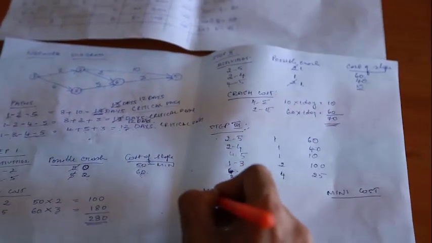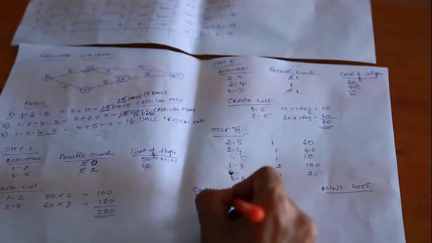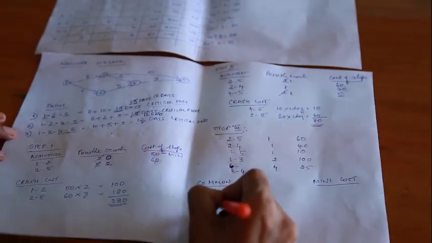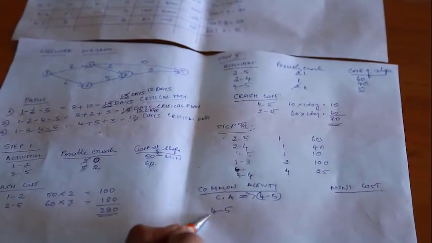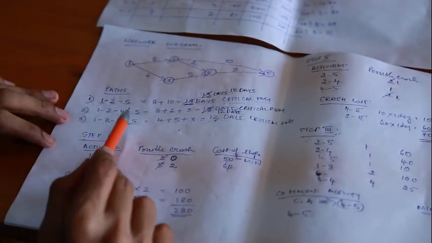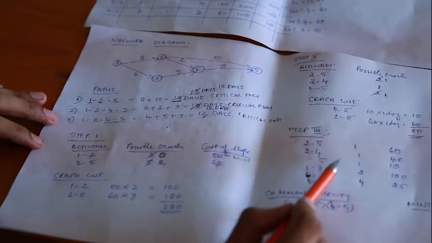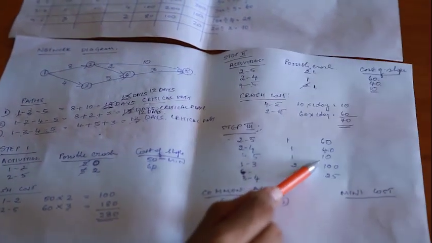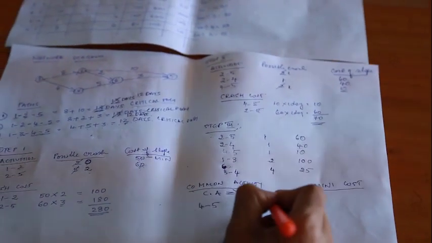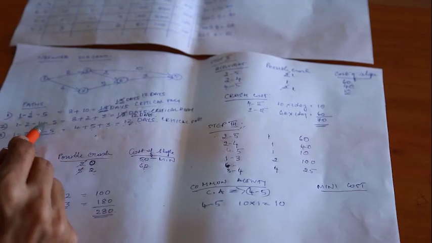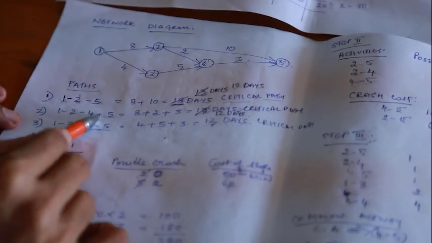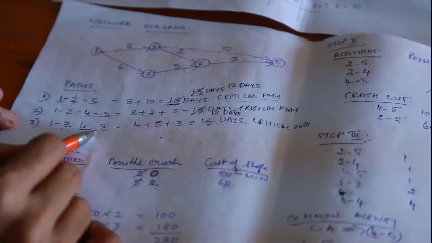If I take the common activity as 4 to 5, we'll have to check the possible crash there, 1, and the cost is 10. So 10 rupees for 1 day, it is 10. When I cancel here, by default here also will be cancelled. So here it has become 11 days, here it has become 11 days.